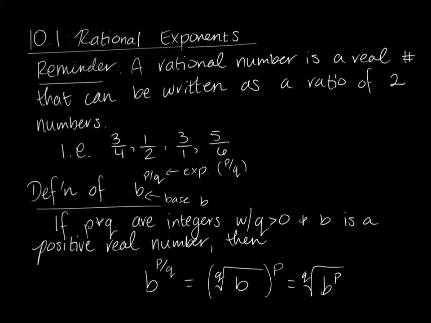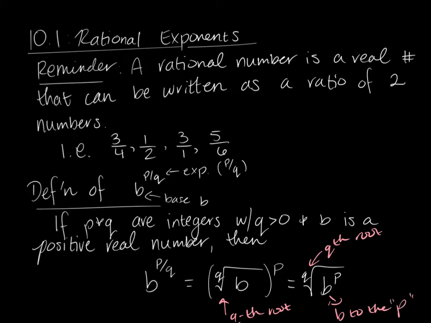And the definition is that if p and q are integers with q greater than 0, so not equal to 0, again, because anything divided by 0 is undefined, and b is a positive real number, then b to the power of p over q is the same thing as the qth root of b, to the p power, or the qth root of b to the p.